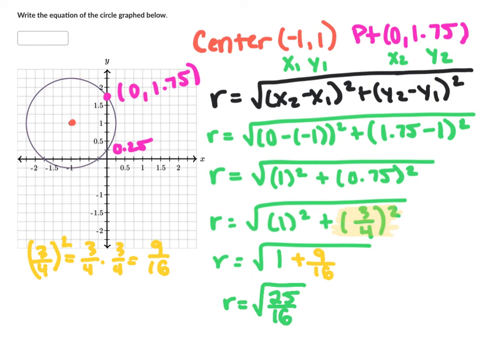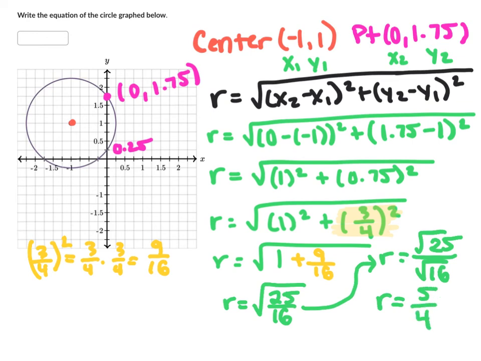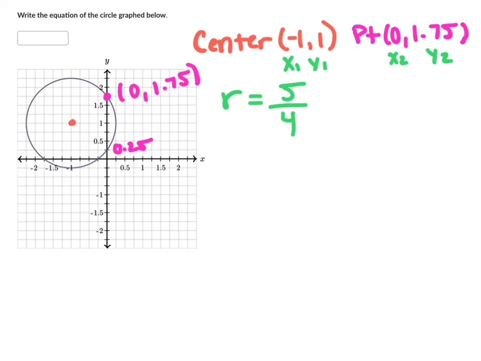Now we can try to simplify the radius. So the radius equals the square root of 25 over the square root of 16. The square root of 25 equals 5, and the square root of 16 equals 4. Now using all this information, we can rewrite it in our equation.